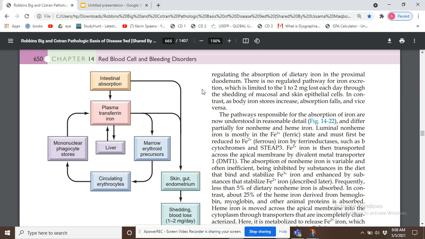In this paragraph, they are saying that an excess amount of iron in the body is toxic, and a very small amount of iron also leads to iron deficiency anemia.